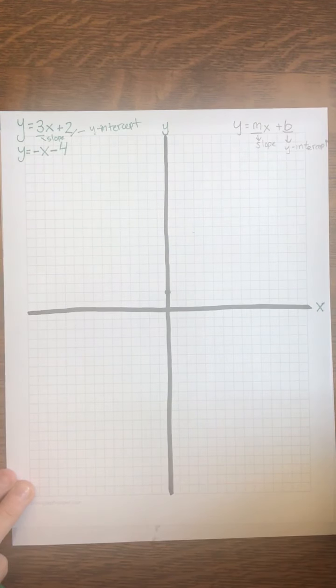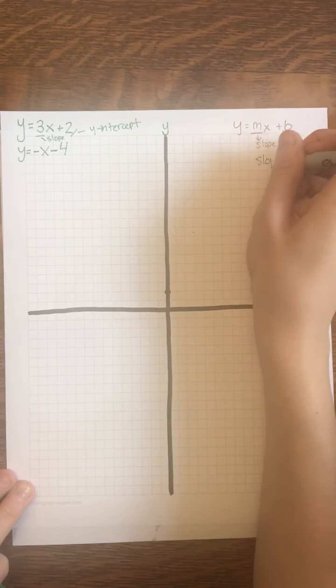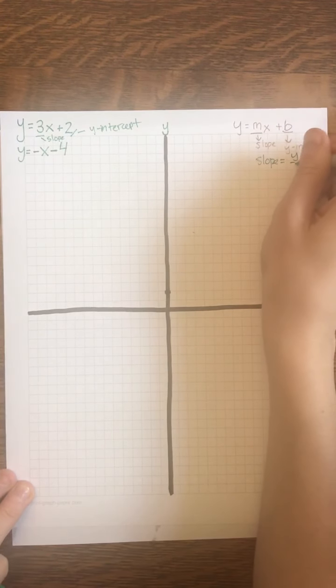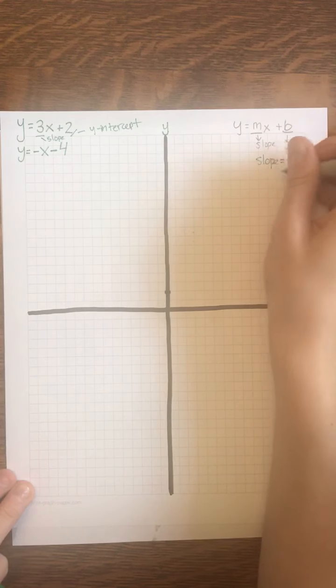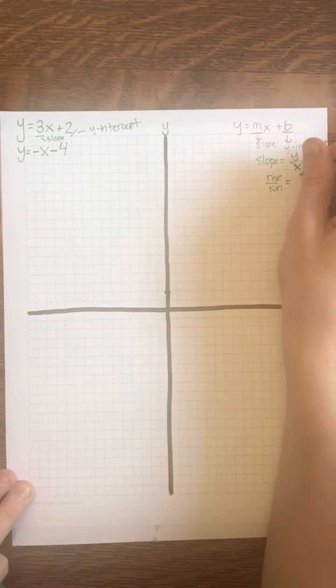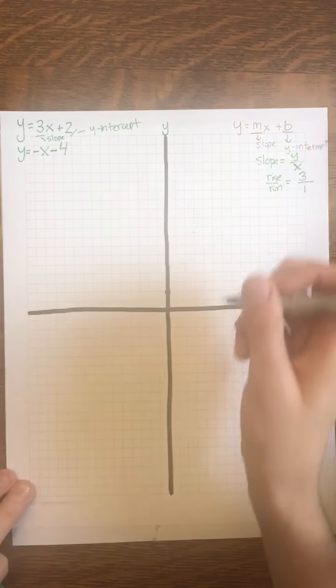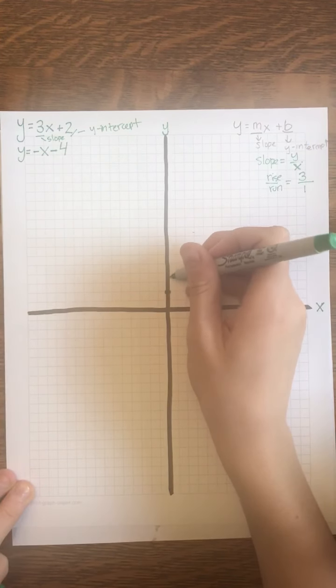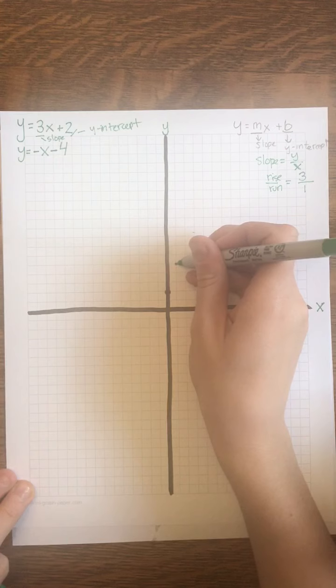And then my slope. Remember, slope equals y over x, or rise over run. So if it's 3, I rise 3 and I run 1. I rise 3, 1, 2, 3, and I run 1.